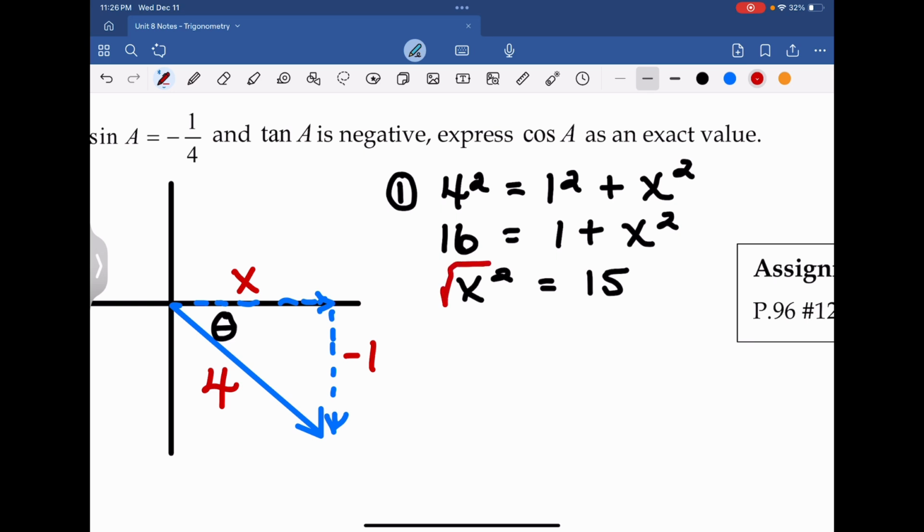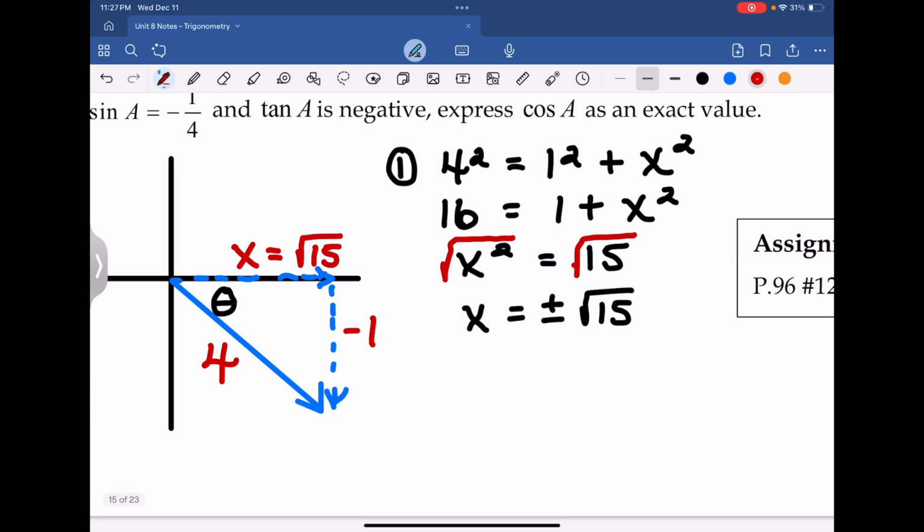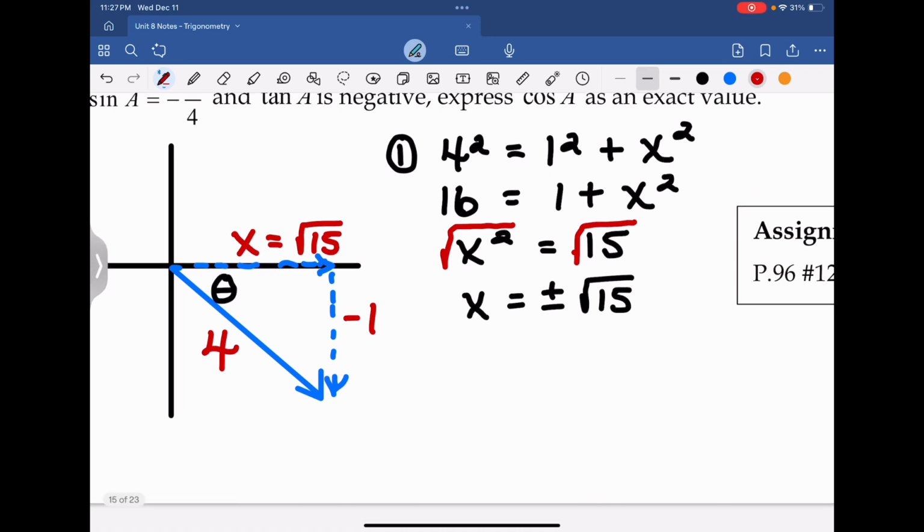And when I take the square root of both sides, because I want to isolate for x, I'm going to get that x is equal to plus or minus the root of 15. Now, in this situation, the value that's appropriate is positive root 15 because we're on the right-hand side of the y-axis.